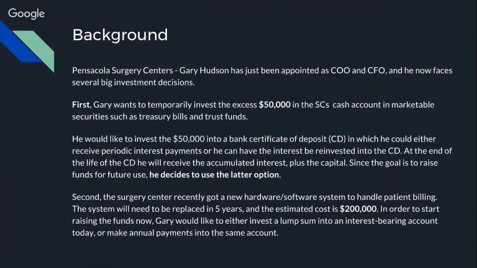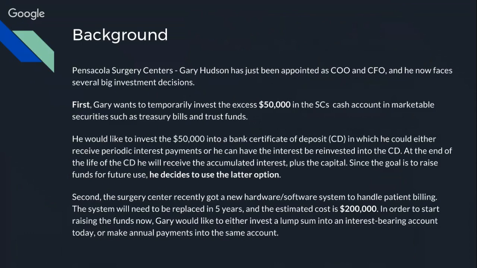So a little bit of background into the whole case. Gary Hudson was appointed as CIO and CFO, and he's facing quite a few investment decisions. The first one is he wants to invest some excess money, exactly $50,000, into some marketable securities and see what he can earn there for future use for the surgery centers.